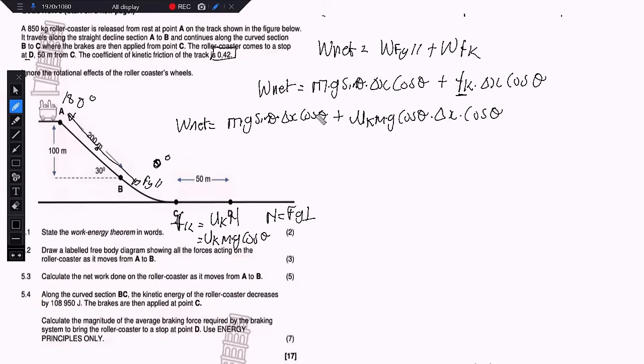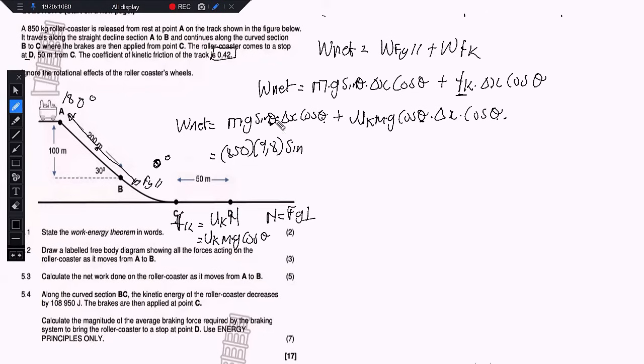Now, I don't want you to be confused by this theta here and the thetas in there, right? The theta for here and there stands for the angle between the direction of the force and the displacement. So mass here is 850, and then g is 9.8.